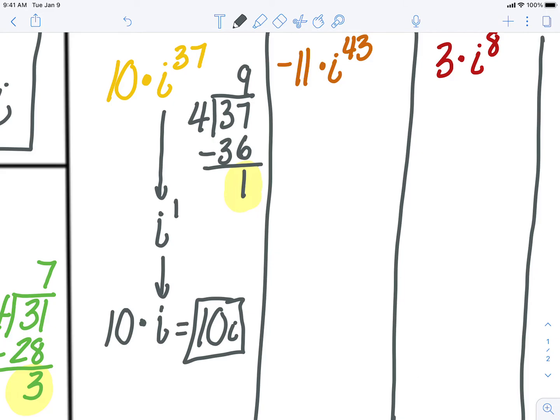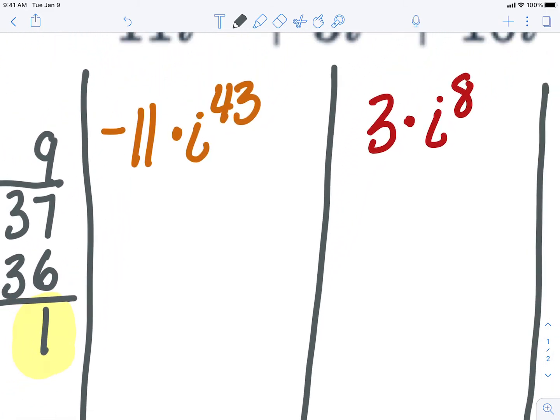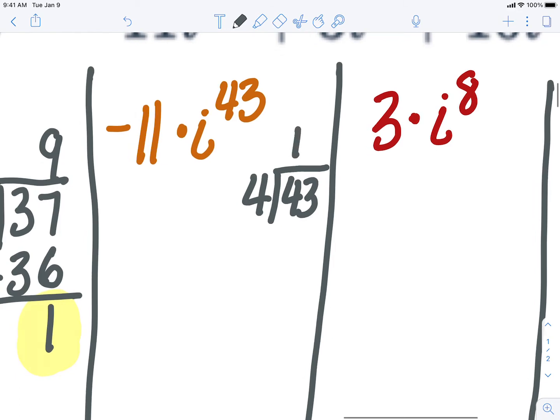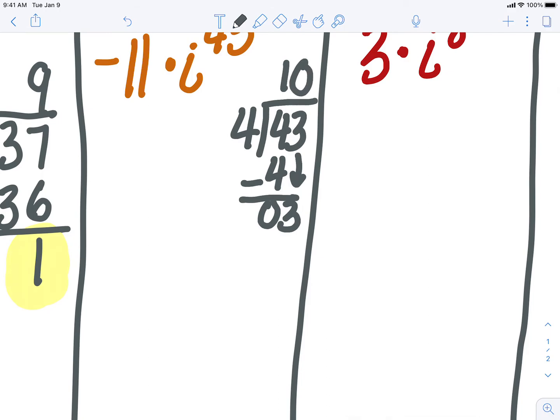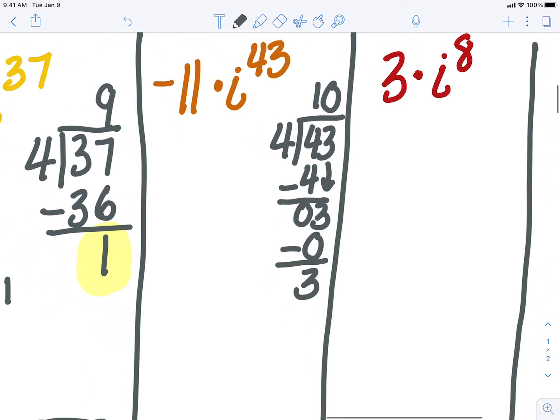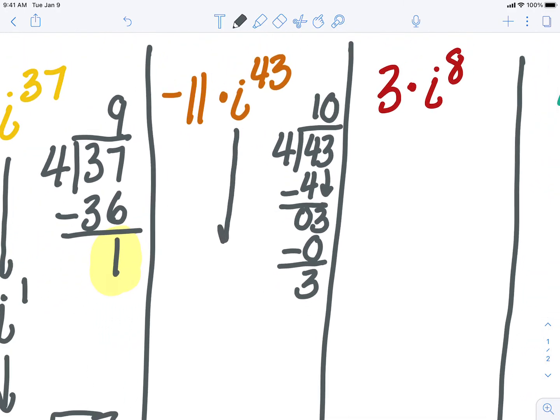Okay? That's my first solution to my first section. Okay? Let's do our second section here. So I'm going to take 43 and I'm going to divide it by 4. 4 into 4 goes once. 4 times 1 is 4. 4 minus 4 is 0. Bring down my 3. 4 into 3 goes 0 times. 4 times 0 is 0. 3 minus 0 is 3. So this is my remainder, my new i is going to be i to the power of 3.